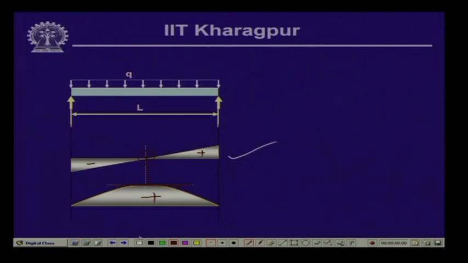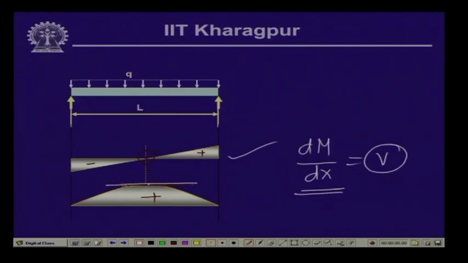That is what we get: if V is equal to 0, then dM/dx is 0, the moment is constant, and the slope over here is horizontal. So, this diagram we call the shear force diagram, and this diagram we call the bending moment diagram.